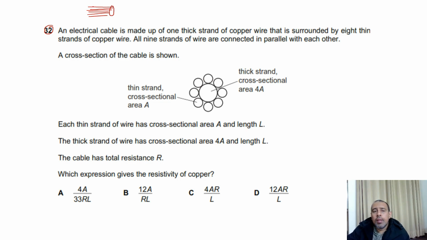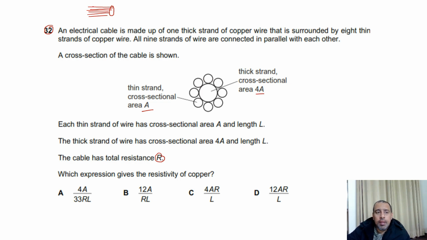And these are 8 wires with a cross-sectional area of A, and one wire has a cross-sectional area of 4A. Their length is equal. The cable has a resistance of R. Okay, and they are parallel.